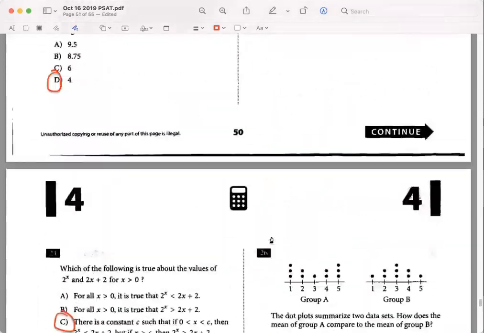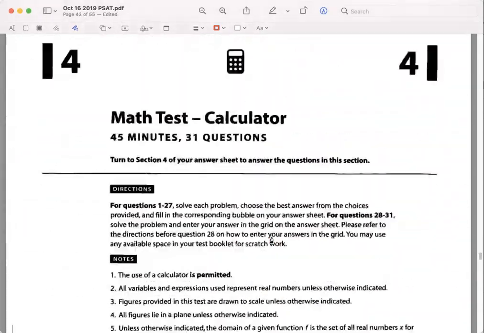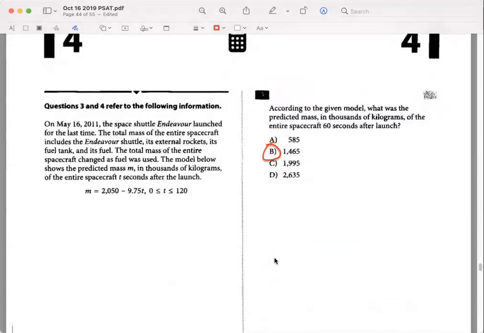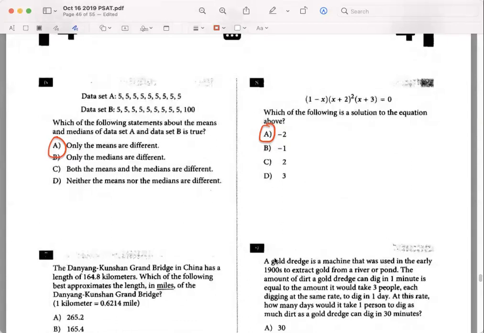Okay, so that was the calculator section of the October 16, 2019 PSAT. Let's grade it. I have the answer key here. Okay, so we'll start with the first question. C, D, B, D, B, C, D, B, D, B. Okay.